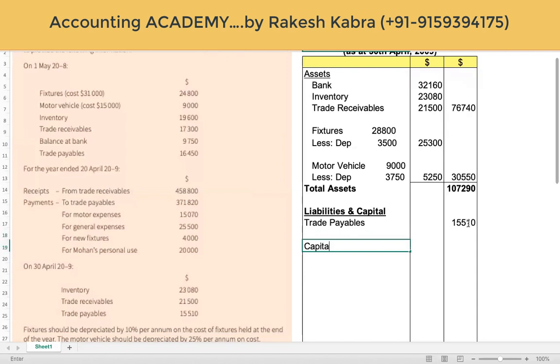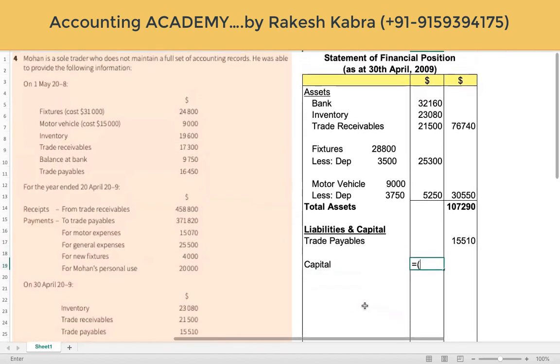See how I will take capital. Opening capital means assets minus liabilities. For the beginning date, I will add all the assets and subtract the liabilities, and I will get capital. Do you know the accounting equation?